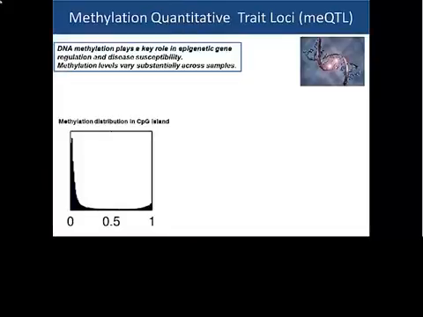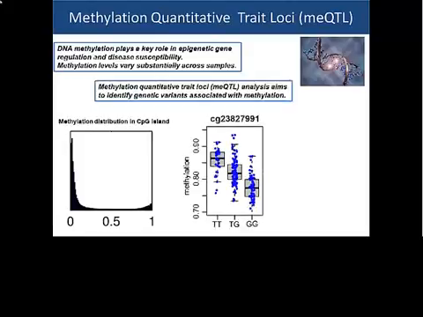So today I'm going to talk about a genome-wide genetic mapping of DNA methylation in human lung tissue. It's well known that DNA methylation plays a central role in epigenetic gene regulation and disease susceptibility. Also, the methylation levels vary greatly across different samples. Such variation could be caused by both genetic factors and environmental factors.